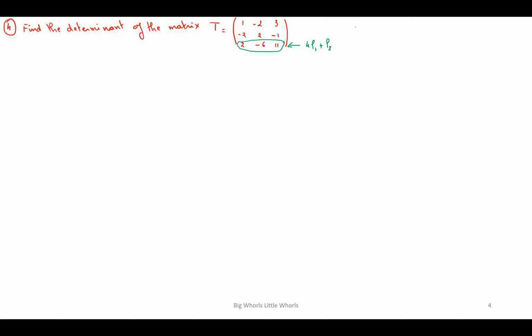Earlier today we have seen in the lemma that a matrix with a 0 row has a determinant of 0.